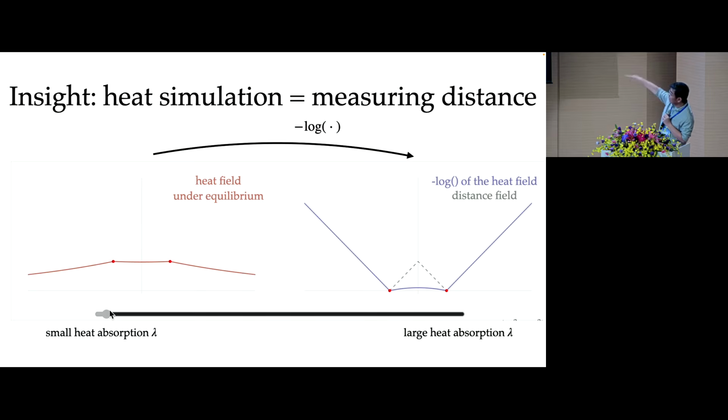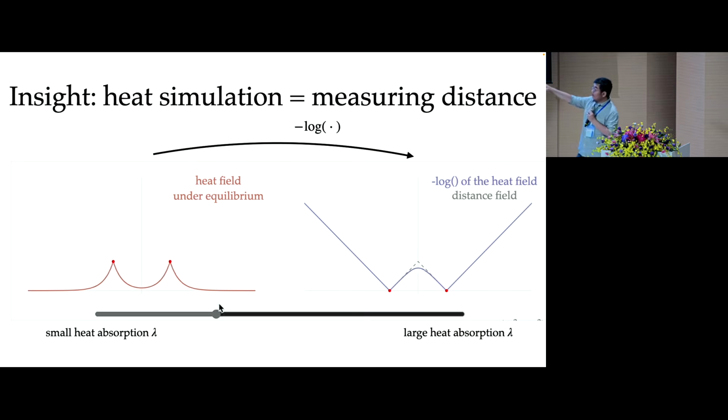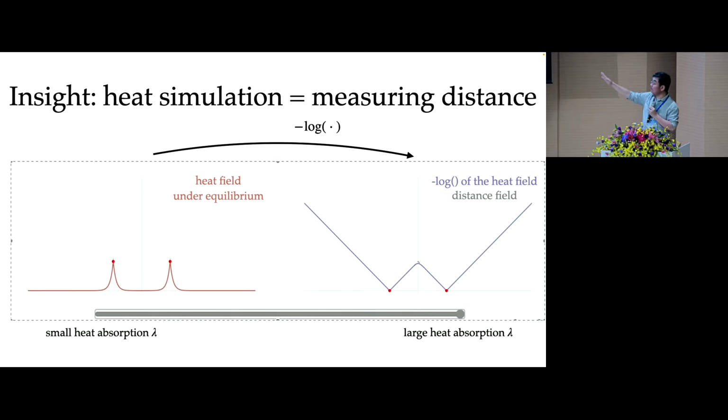The dashed black curve is the actual distance function. You can see that as we increase the heat absorption lambda, the heat field, because it's absorbed very fast, becomes sharper, and the negative log of the heat field will converge to the distance function.